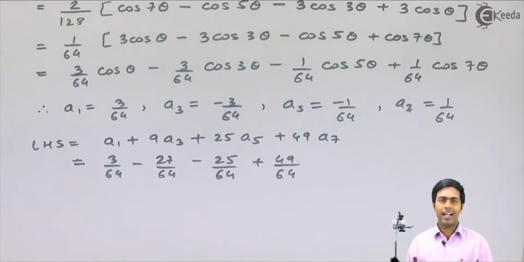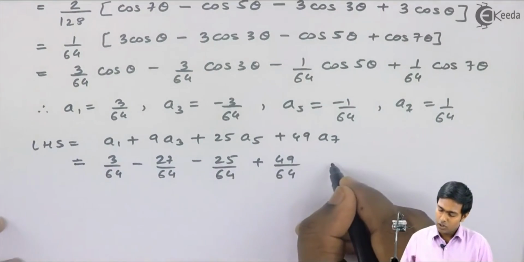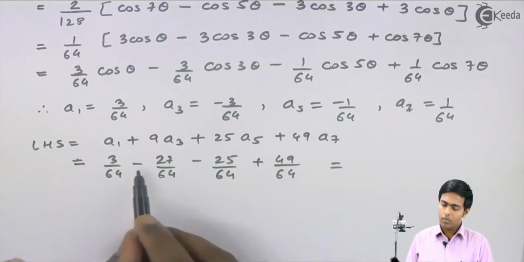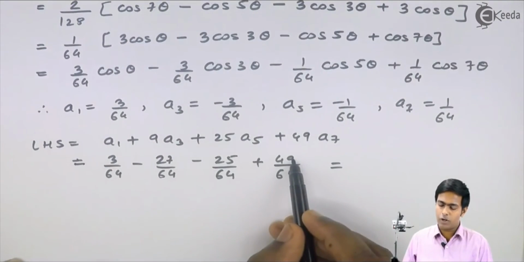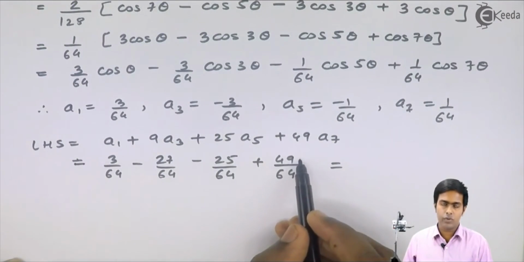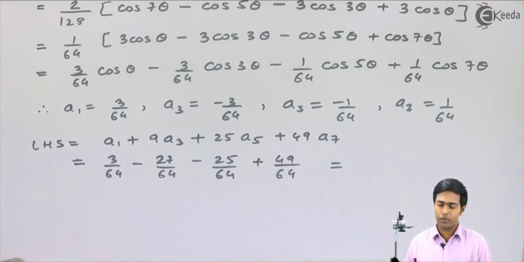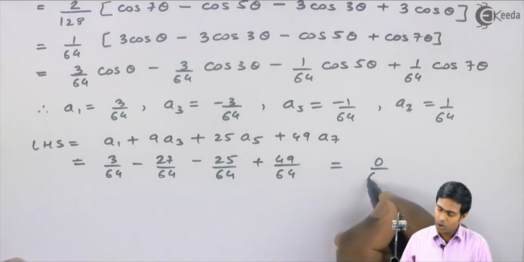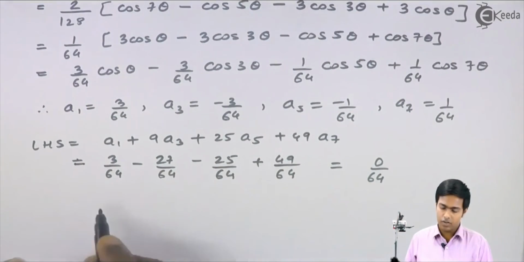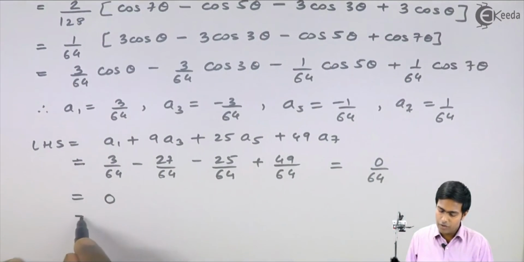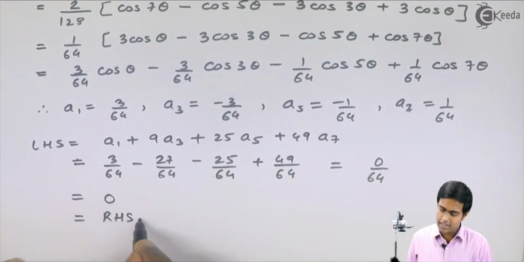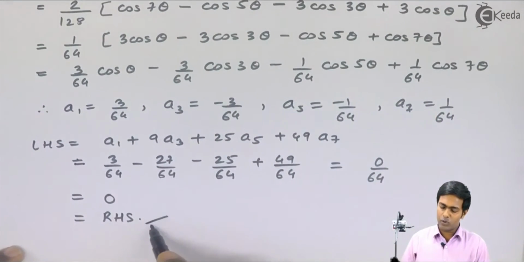Now let's add it and let's see what we get. So here we will get 3 plus 49 as 52, and minus 27 minus 25 is minus 52. So ultimately we are getting 0 upon 64. Hence we will get 0, which is equal to right hand side. And here we have proved the result.